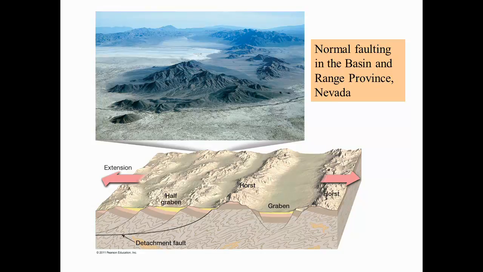Notice again that it's extension that's occurring within the Basin and Range. And in the photograph shown above, the uplifted areas are horst blocks, and the grabens are the valleys that are filled with sediment.